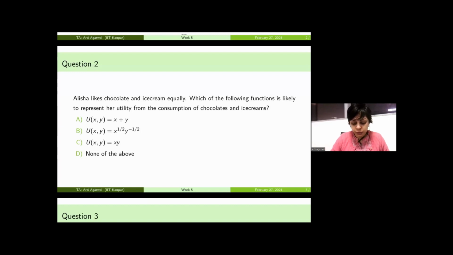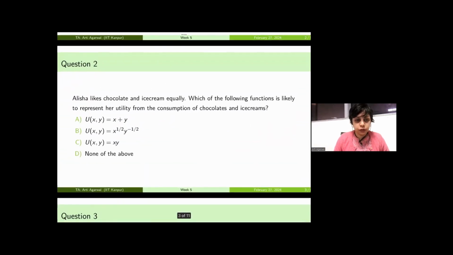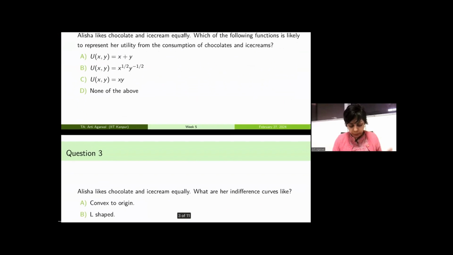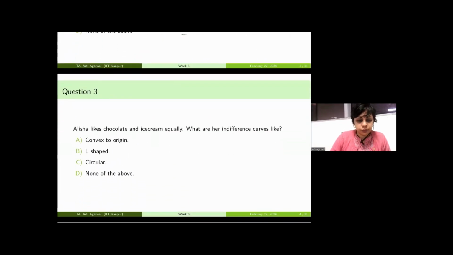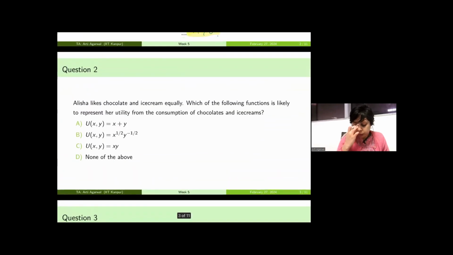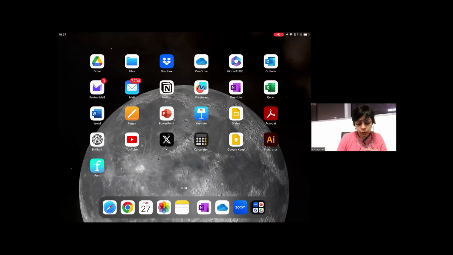The second question is also related actually, so we'll come to the indifference curves also. In the same space, you could also think about question 3: if she likes chocolate and ice cream equally, then what are her indifference curves going to be like? This is all we know. There's not a whole lot given in the question.